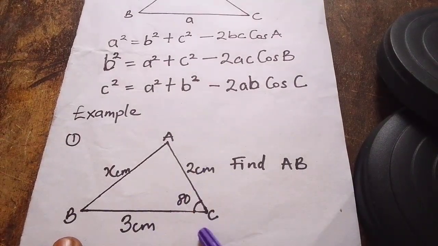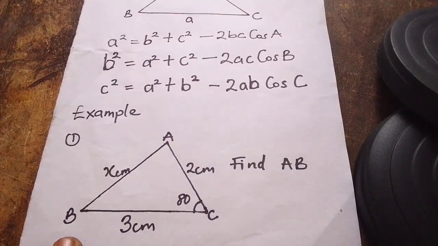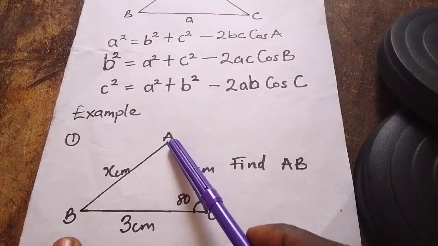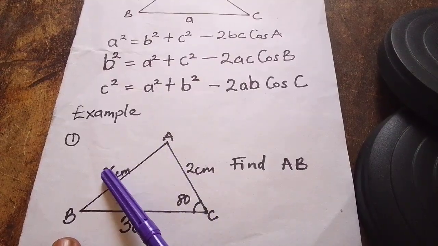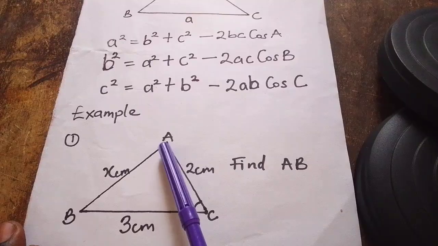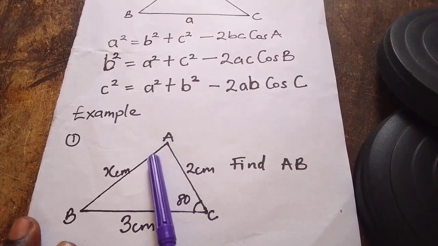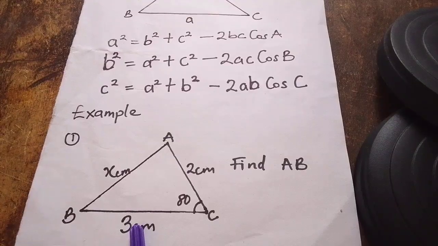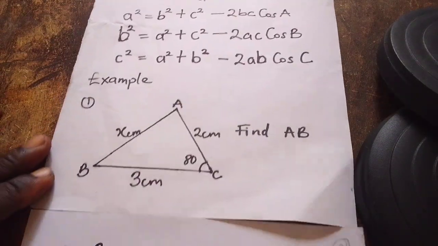You are given this triangle ABC. Now you are given that this side is 2 cm, this side is 3 cm, and this angle is 80 degrees. Find this side x. Now if you look at it, the side facing angle A is small a, which is 3 cm.